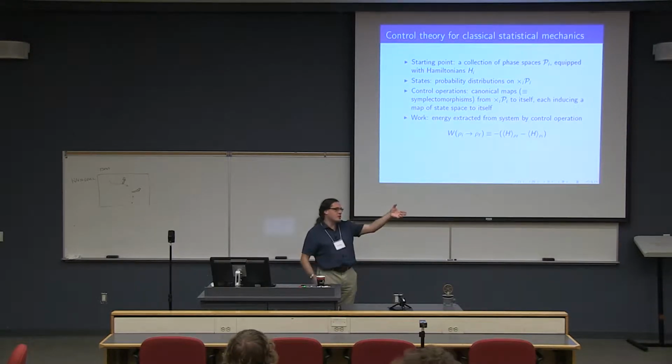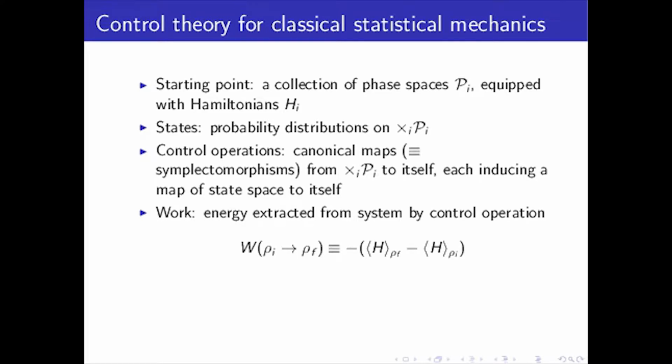You might imagine, for instance, that we apply the control process by turning on an interaction Hamiltonian and turning it back off again. Then, just by the conservation of energy, we're going to find that the energy we get out of applying a transformation is going to be equal to the change in the energy of the state in the process of the transformation.